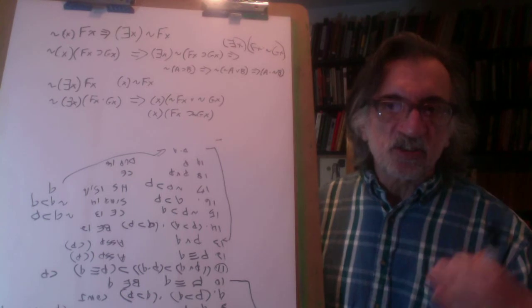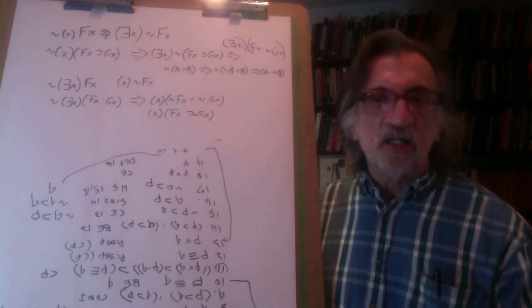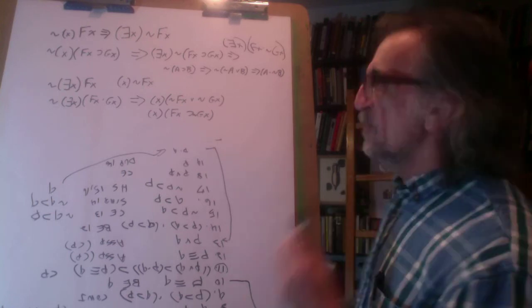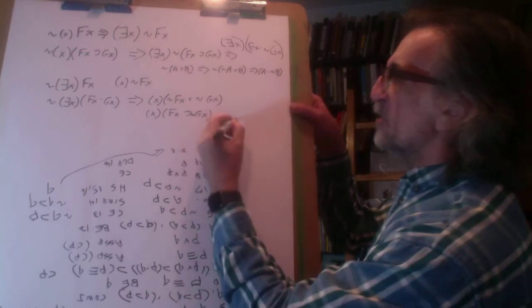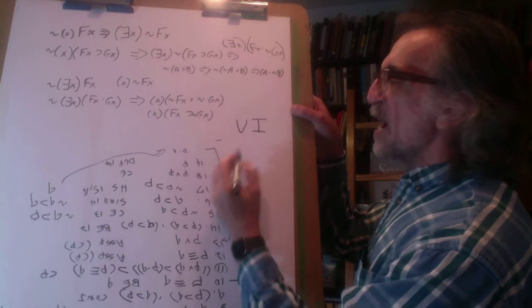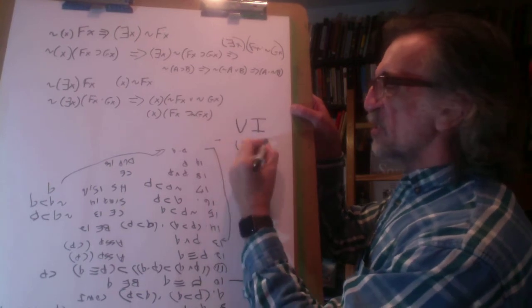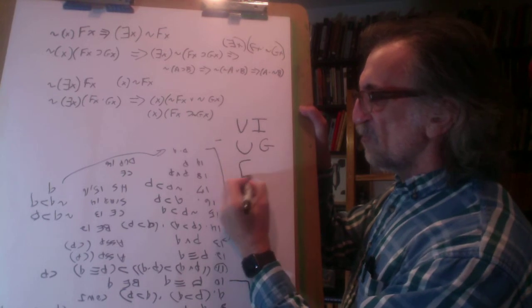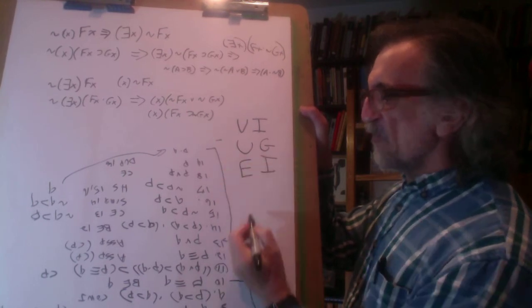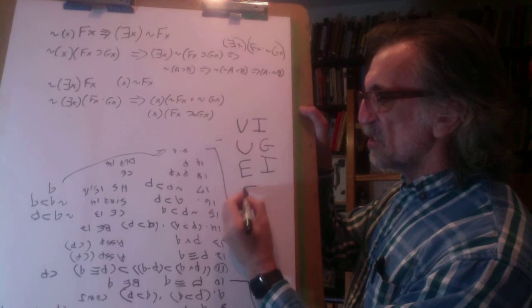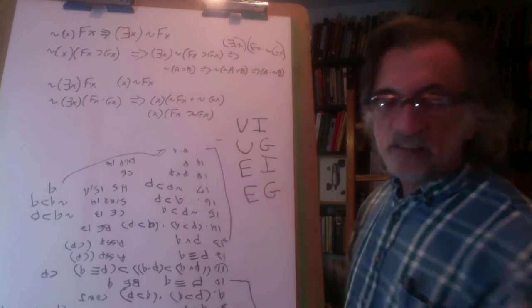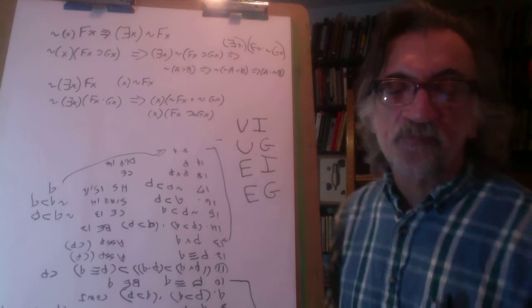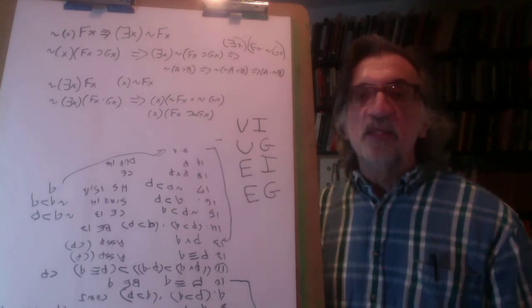And in each case, we have a type of instantiation and we have a type of generalization. Okay? And these are called UI for universal instantiation, UG for universal generalization, EI for existential instantiation, and EG for existential generalization. Okay, these are the four processes.